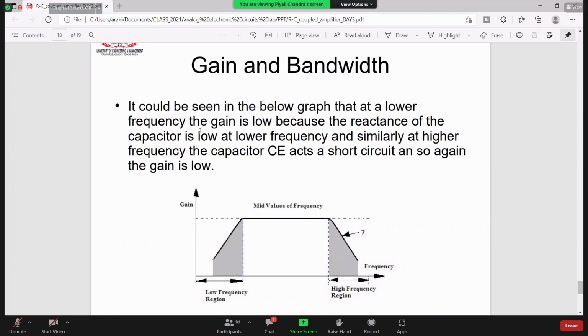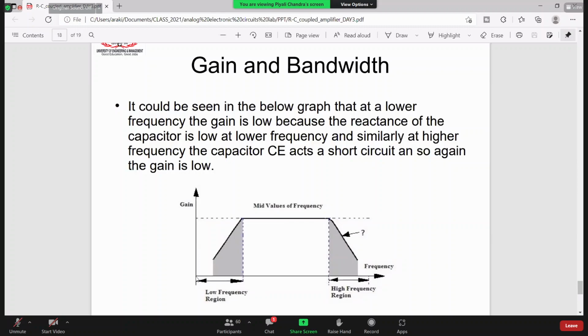Similarly, at the higher frequency point, the CE acts as a short circuit. When it acts as a short circuit, it again creates a low gain. Low gain means we cannot produce a high frequency output. So in the low frequency and the high frequency regions, the gain is low. But at the middle, it is not a fixed point, but a stabilized point, right?